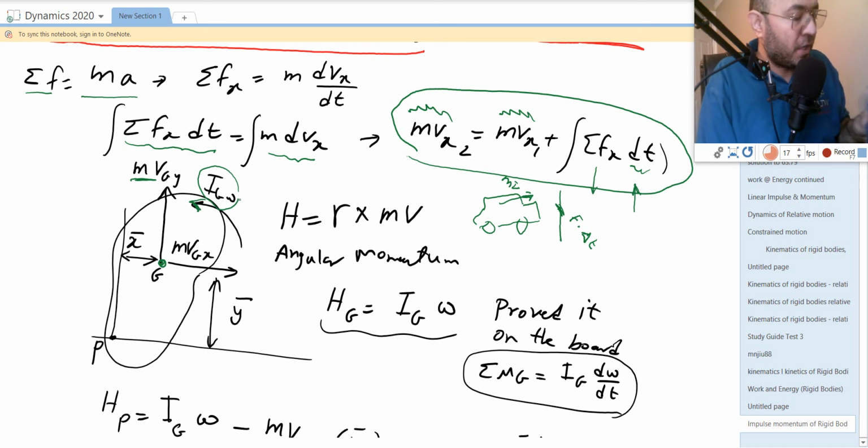For a particle, we remember that angular momentum used to be r times mv. Now in total you can say angular momentum is equal to r times mv plus Ig omega.